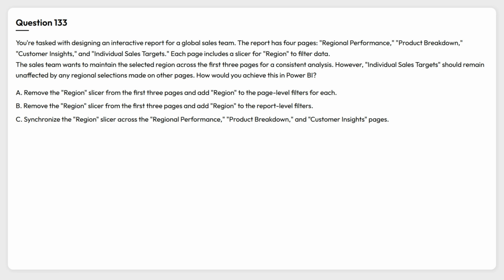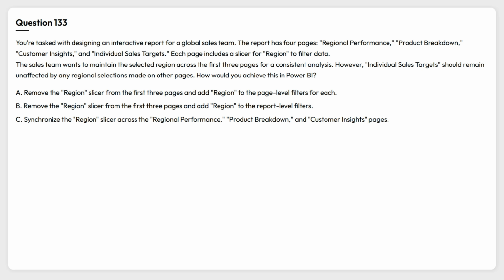The sales team wants to maintain the selected region across the first 3 pages for a consistent analysis. However, individual sales target should remain unaffected by any regional selections made on the other pages. How would you achieve this in Power BI?